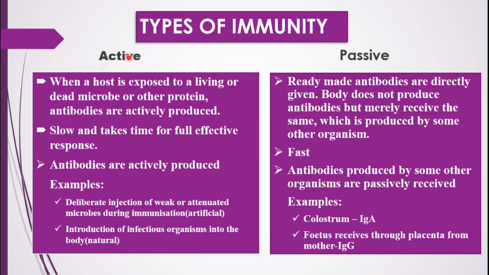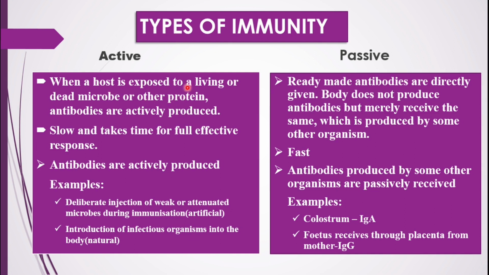An active immunity is when we are exposed to a living or a dead microbe or any other protein. As I told you, it could be a microbial molecule or a determinant.